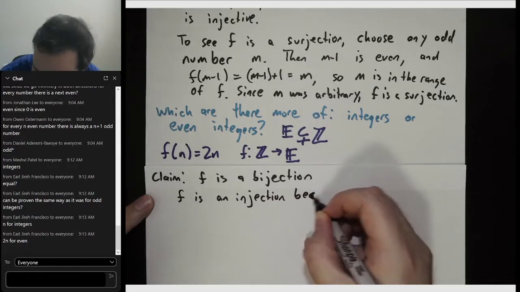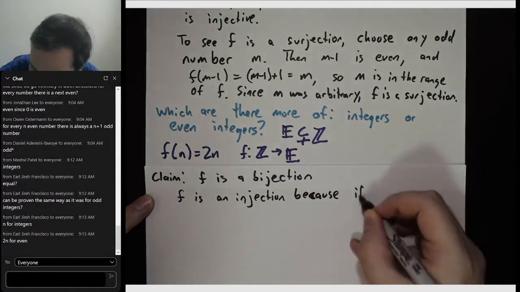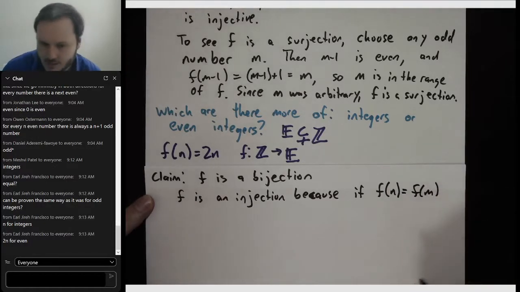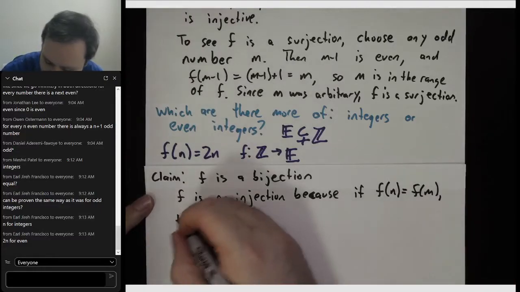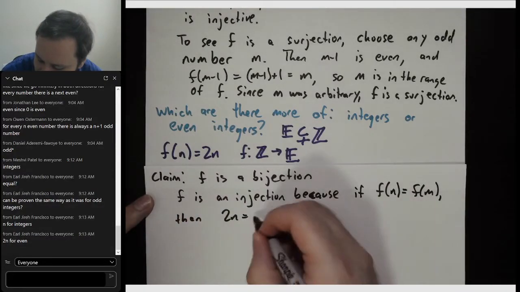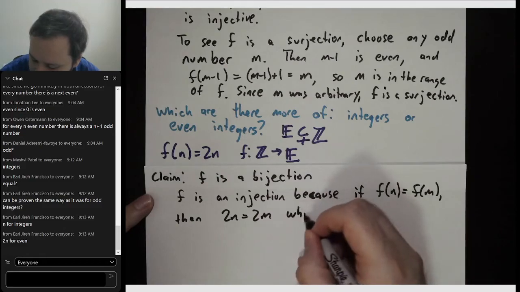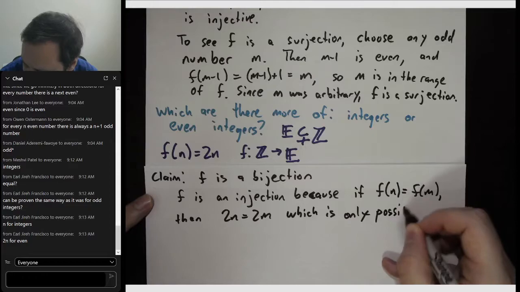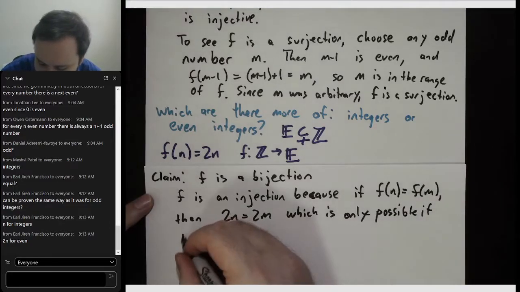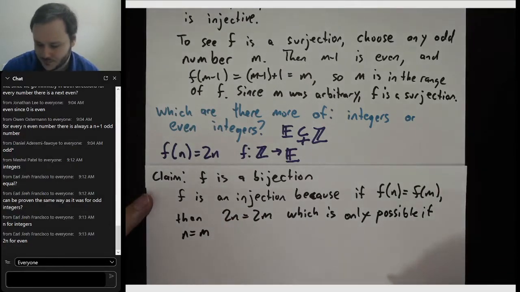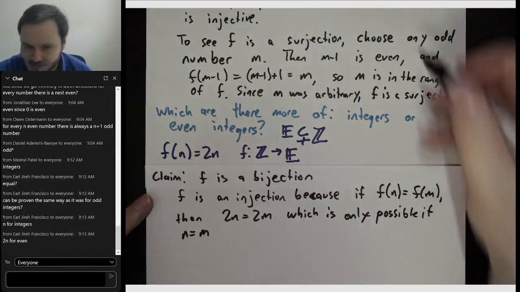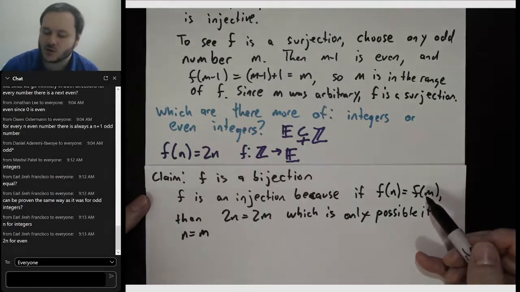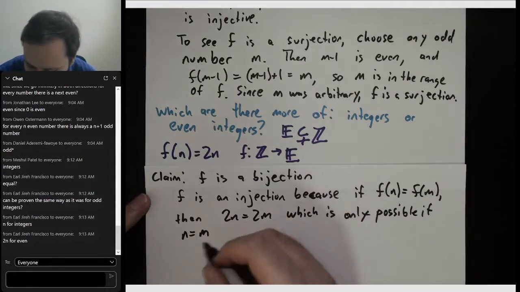Because if f of n is equal to f of m, then 2n is equal to 2m, which is only possible if n is equal to m. So we've got the same situation as before. The only way that two outputs can be equal is if the two inputs are equal.